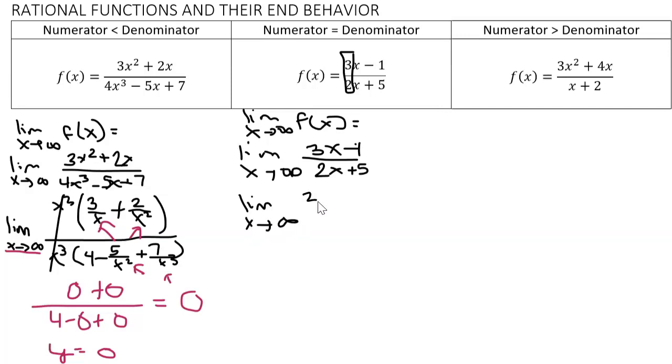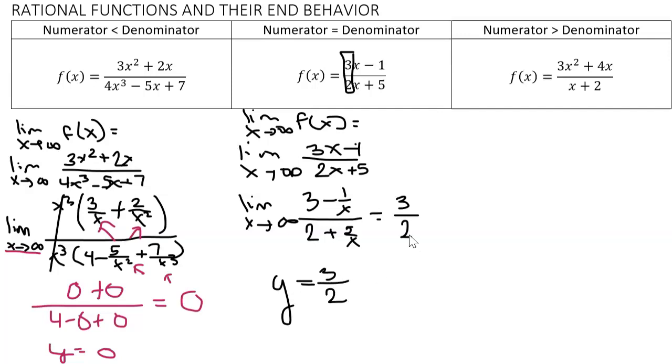And that's going to leave us with 3 minus 1 over x over 2 plus 5 over x. And as x approaches positive, technically, or negative infinity, the 1 over x becomes 0, and the 5 over x also becomes 0. So we're left with a limit that evaluates to 3/2, which means our horizontal asymptote for the second problem is 3/2.